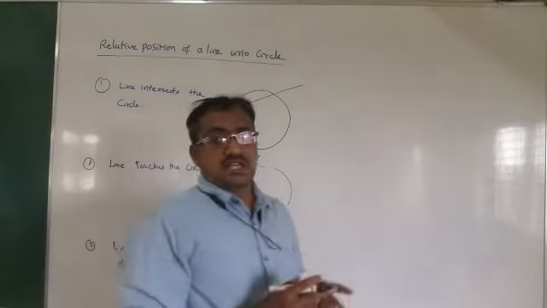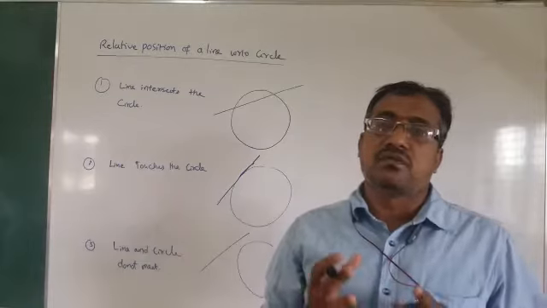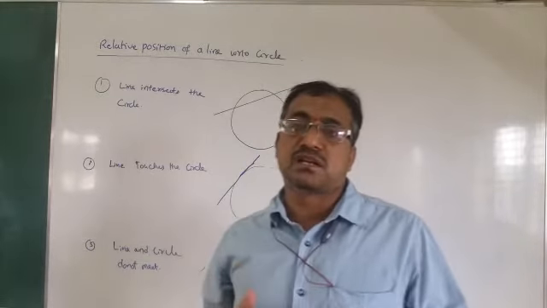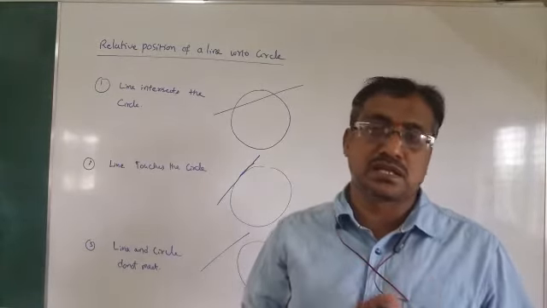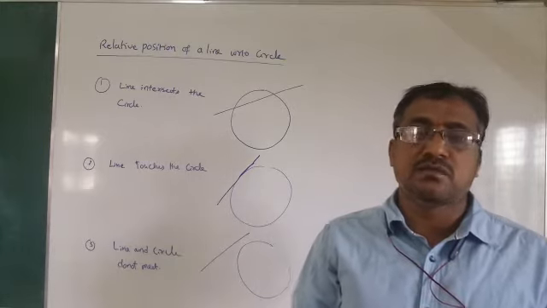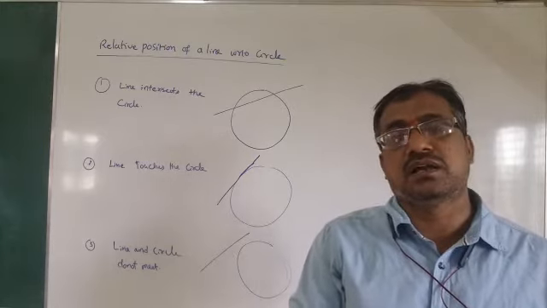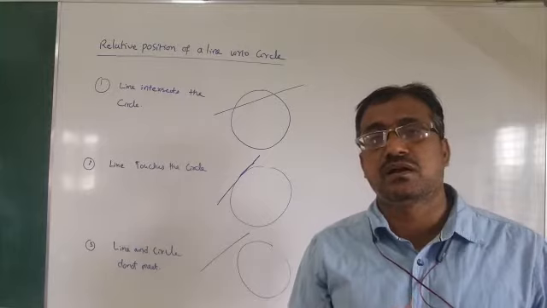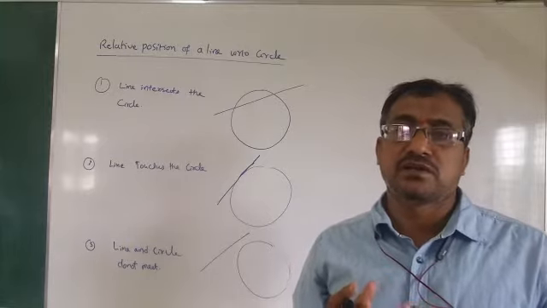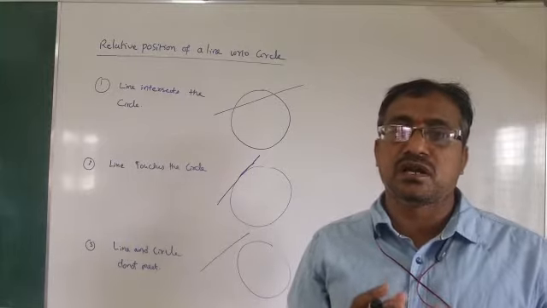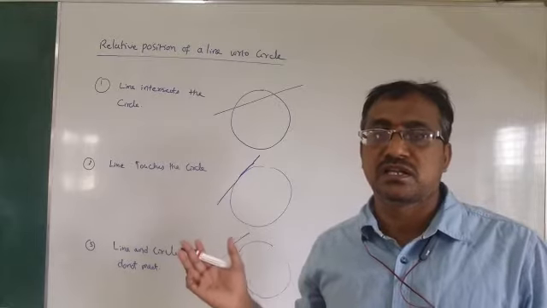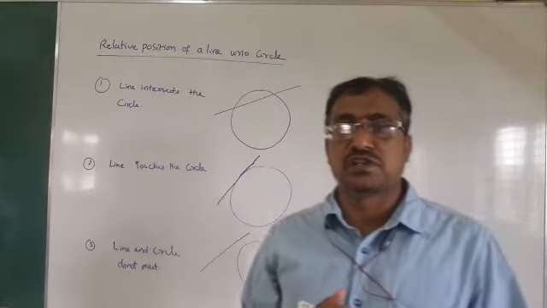So these are the relative positions of a line with respect to the circle. A line can intersect the circle, a line may touch the circle, and a line and the circle do not meet. Now we are going to derive algebraic conditions for these relative positions.